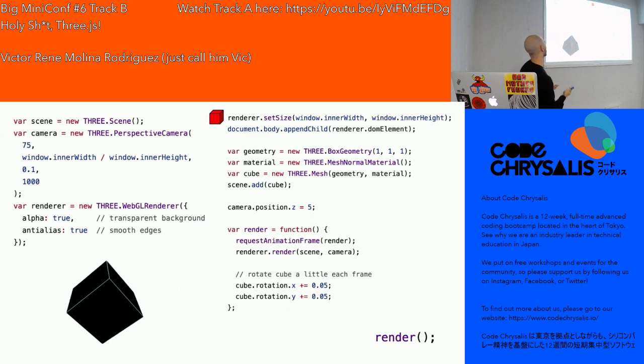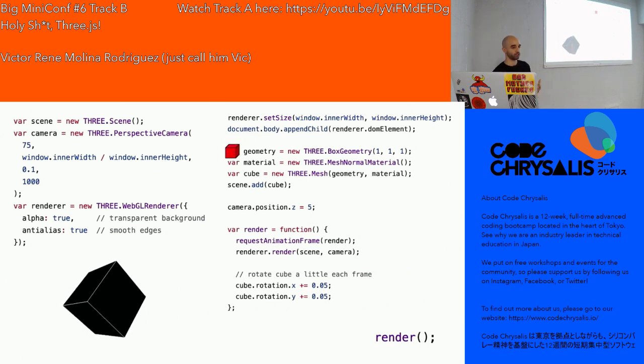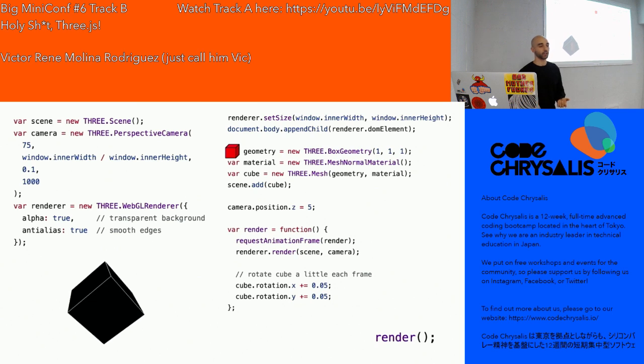You give a size to the renderer, and you instantiate your geometries. In this case, we're instantiating a cube with the dimensions 1, 1, 1. You create your material. In this case, we are using something called a normal material. In Three.js, you don't need a light to see this material. If we were to use a different kind of material, we might have to add a light in order to see it. I cannot tell you how many hours I've spent looking at black screens because I forgot to add my lights to my scene.